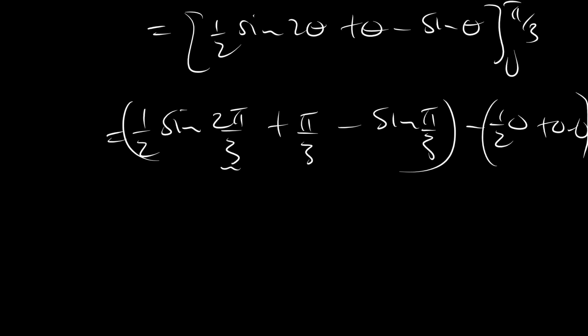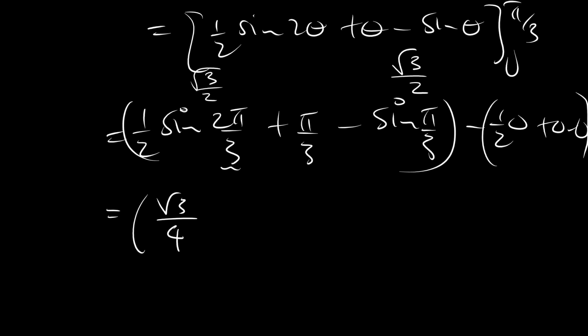So this here is sine of 2 pi over 3 and sine of pi over 3, so this is root 3 over 2, and this is also root 3 over 2. And so we have root 3 over 4 here plus pi over 3 minus root 3 over 2.